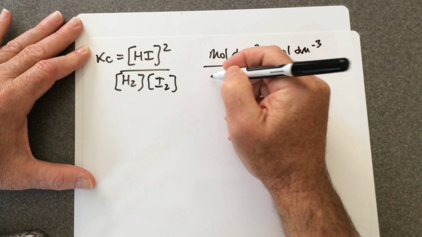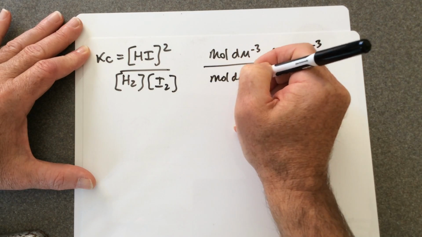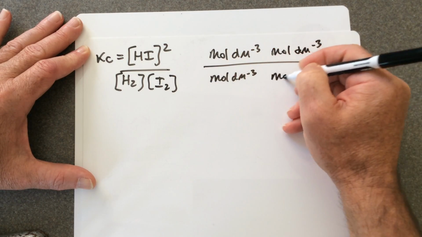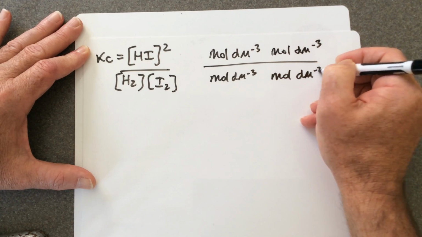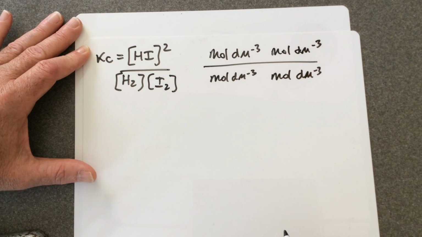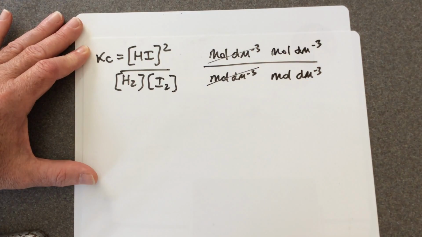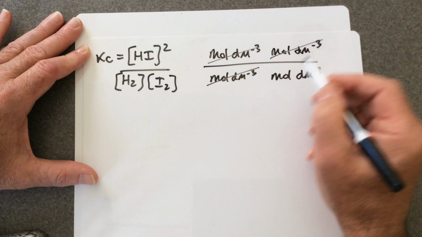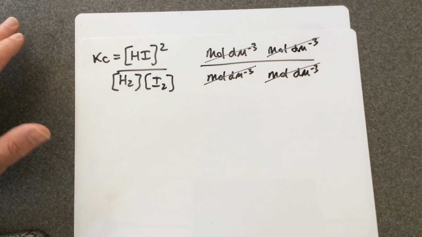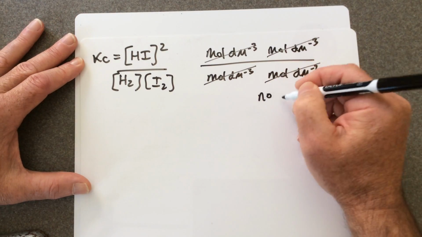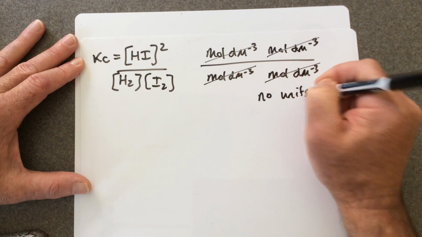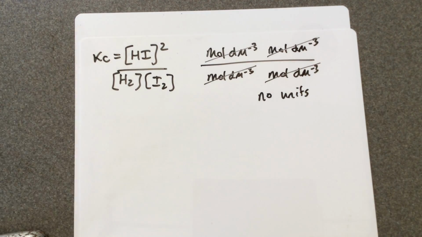I'm going to divide that by the concentration of hydrogen times the concentration of iodine. And I can clearly see that that moles per decimeter cubed cancels with that one, and that moles per decimeter cubed cancels with that one. So there are clearly no units for this particular Kc expression.